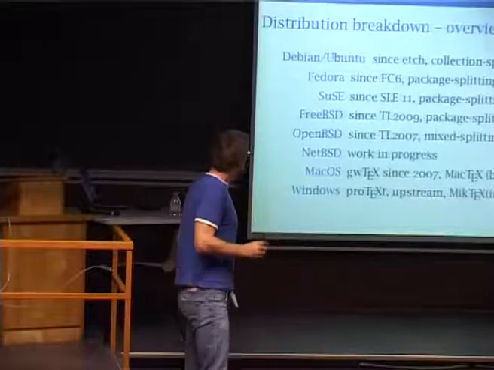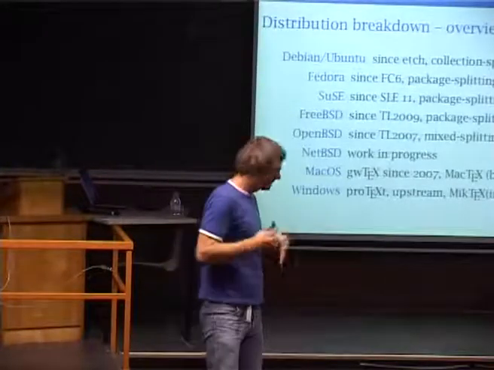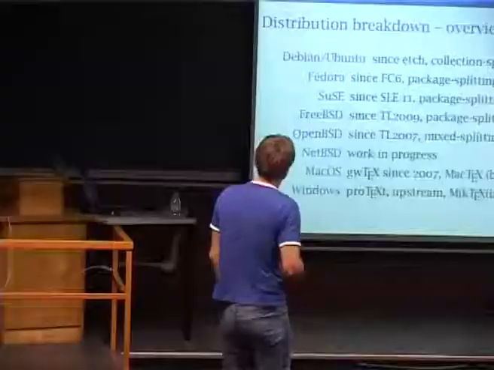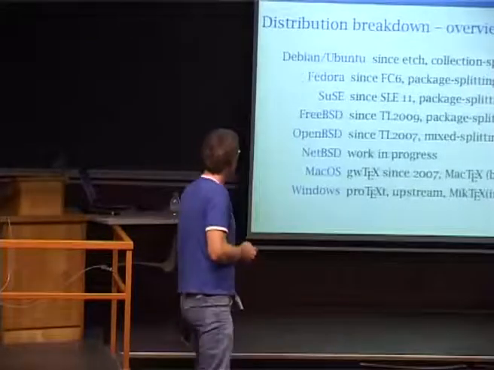Okay, let's do a distribution breakdown. From what I know, I searched the internet for what they're doing. Debian Ubuntu, we know, has had TeX Live since Etch, in 2005. It's based on collection splitting. Fedora has had TeX Live since FC6 and uses package splitting.